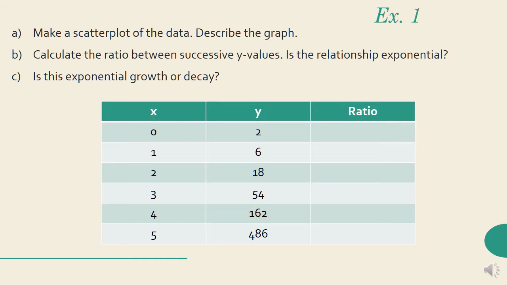For exponential relationships, you don't subtract. You find the ratio, and ratio just means fraction or divide. So when you're doing ratios, really, that means you're dividing.